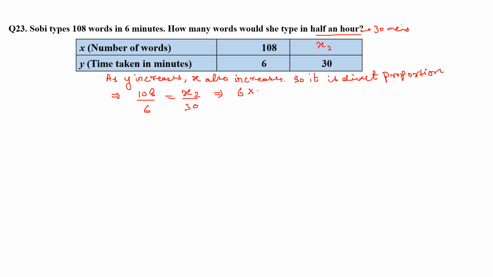So 6 into x2 is equal to 108 into 30, and the value of x2 will be 108 into 30 divided by 6. So 6 5s are 30, and if you multiply 108 into 5, you will get 540. So she will type 540 words in 30 minutes.